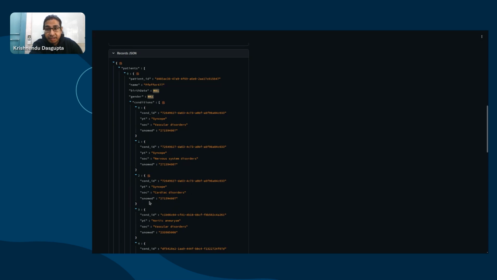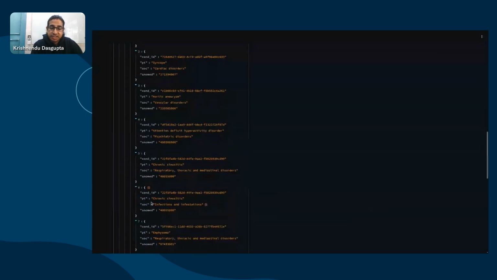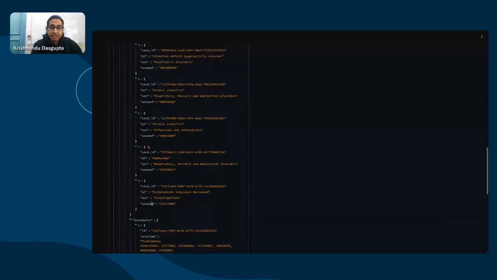And even if not there, if a patient was only tagged with SNOMED, it will automatically tag with this PT and thereby this SOC. So what you see is a complete end-to-end structure which gets generated for the patient, saying that these are the certain conditions or diseases that they have.